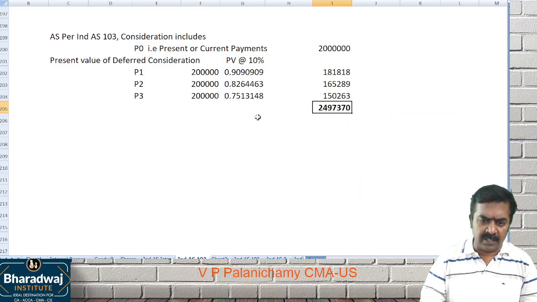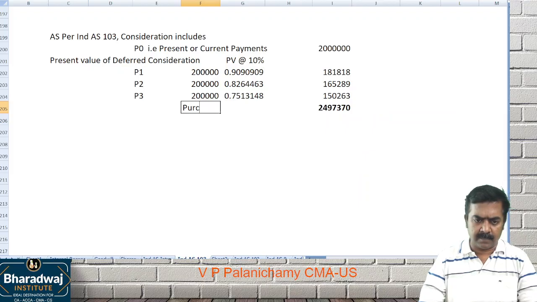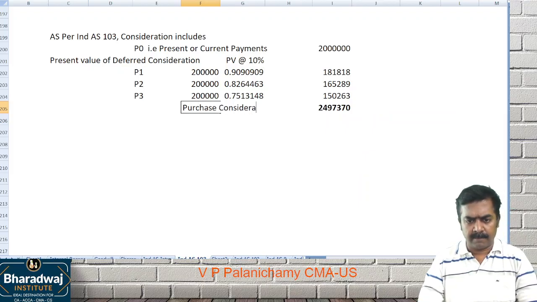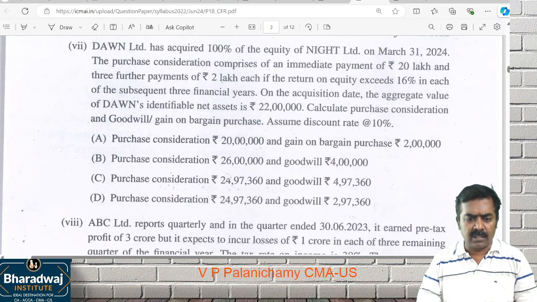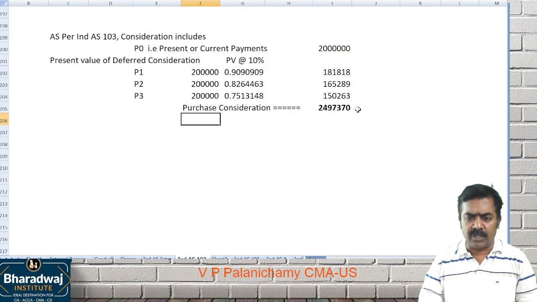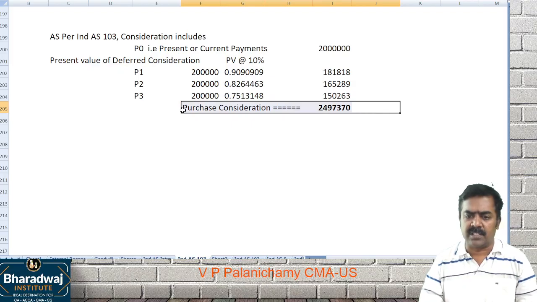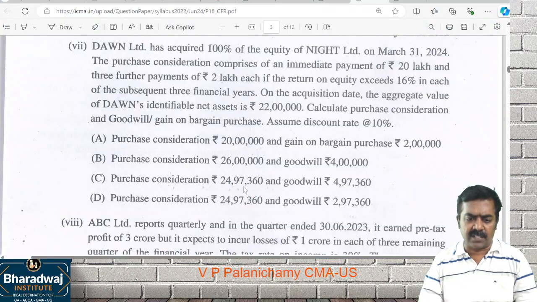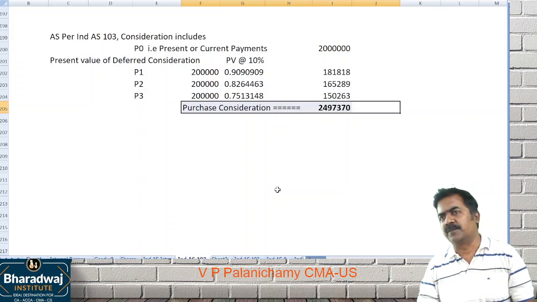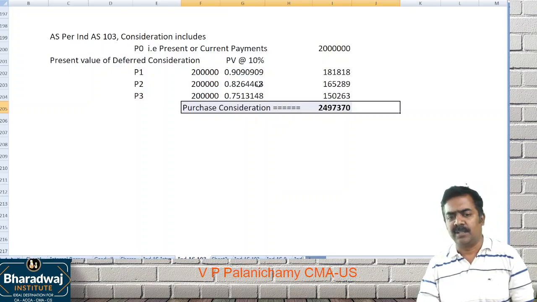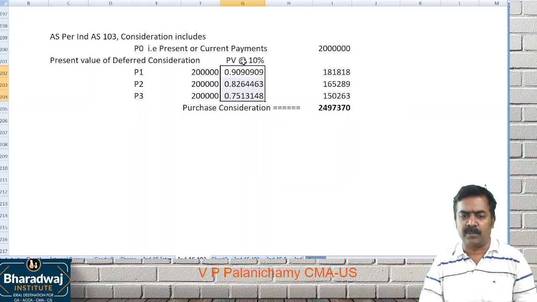So this is the meaning of purchase consideration. Purchase consideration is 24,97,370. They have given us 360, 24,97,360. That is because of rounding up. The PV factor rounding can cause a 10 rupees difference.